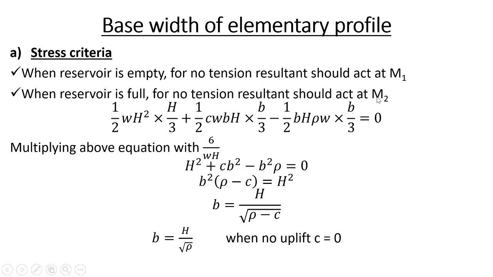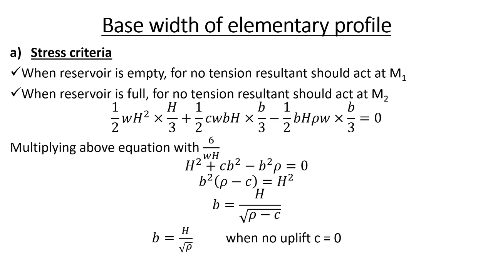Now we are going to take the moment of the forces about point M2, because the resultant should not exceed the point M2. So M2 is the key point. See, this is the step where we take the moment. While taking the moment, don't mix it up with our previous topic, that is stability analysis of gravity dams.